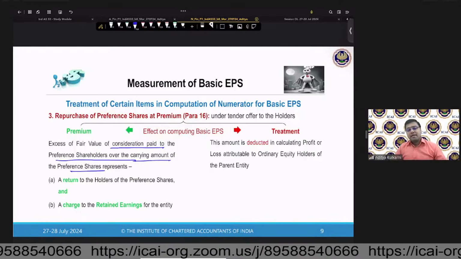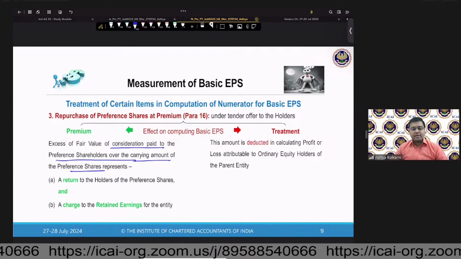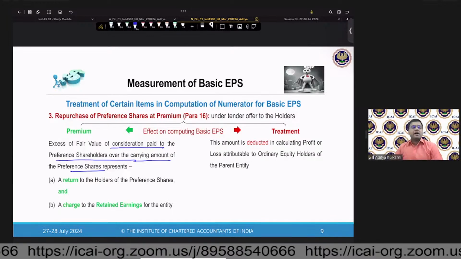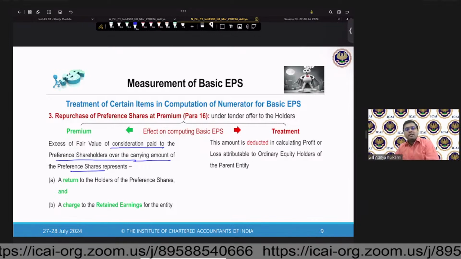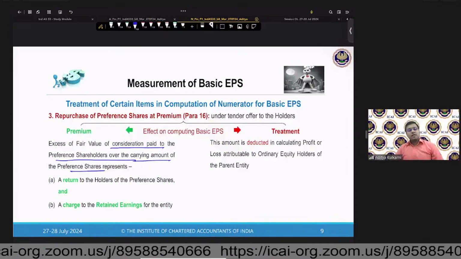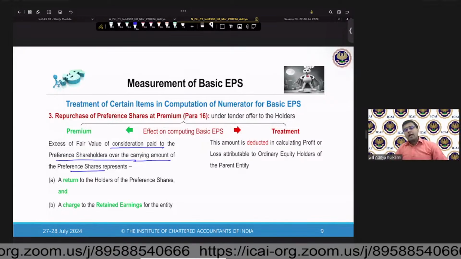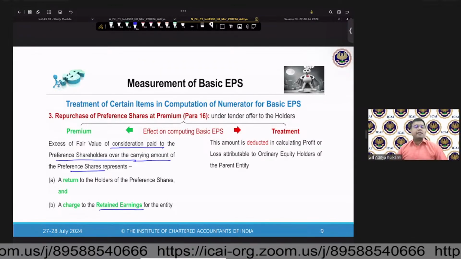So who is ultimately contributing for this return? This return is contributed for by the ultimate shareholder, because his available profit goes down on account of such return given to the preference shareholders. So I charge it off to the retained earnings of the entity.